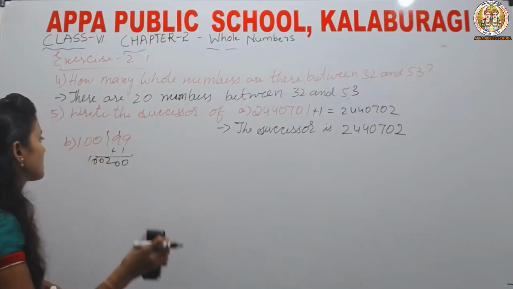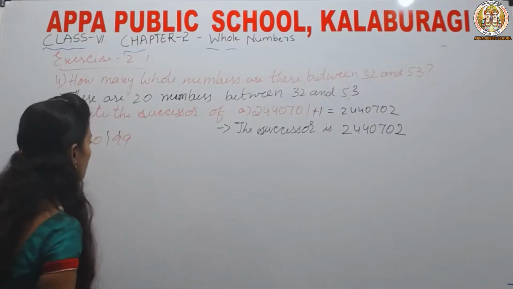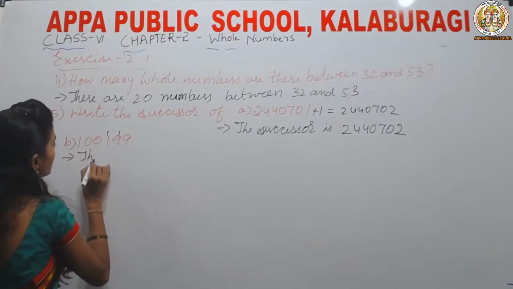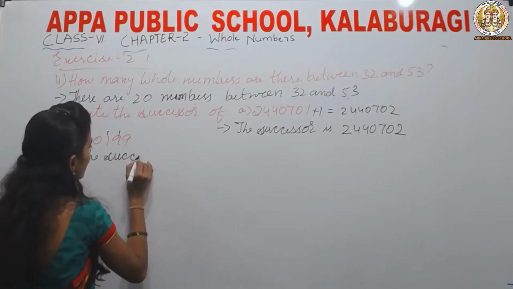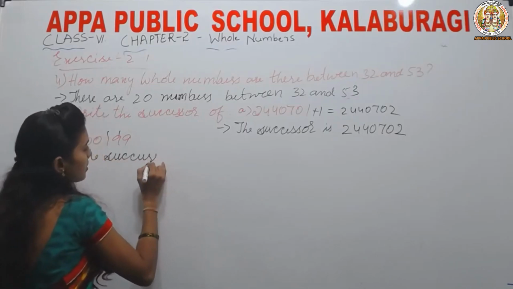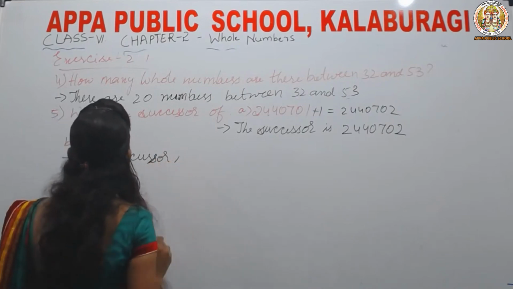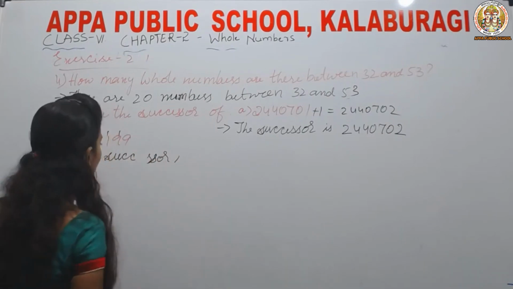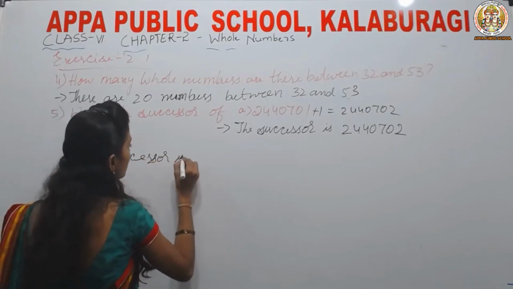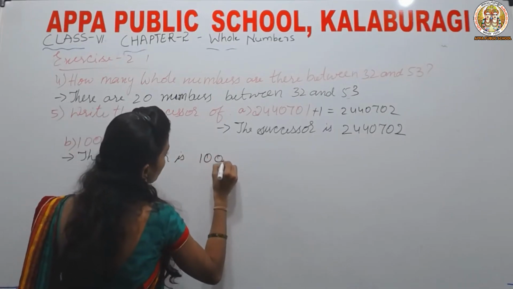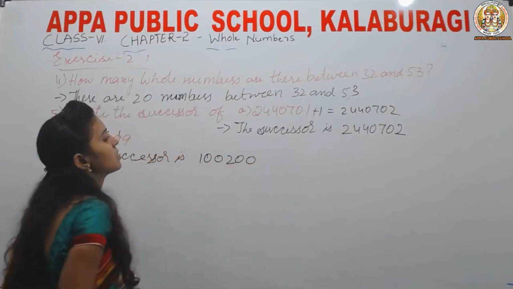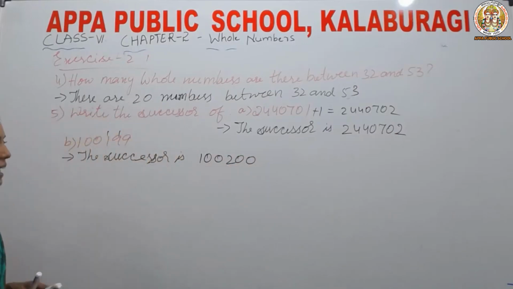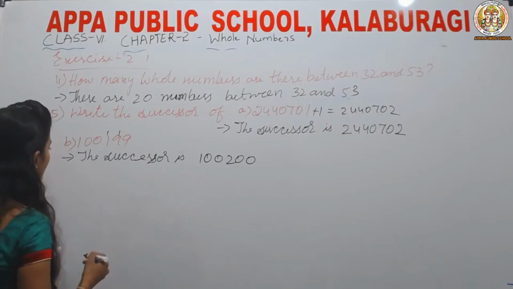So therefore, the successor is 1,200,000.